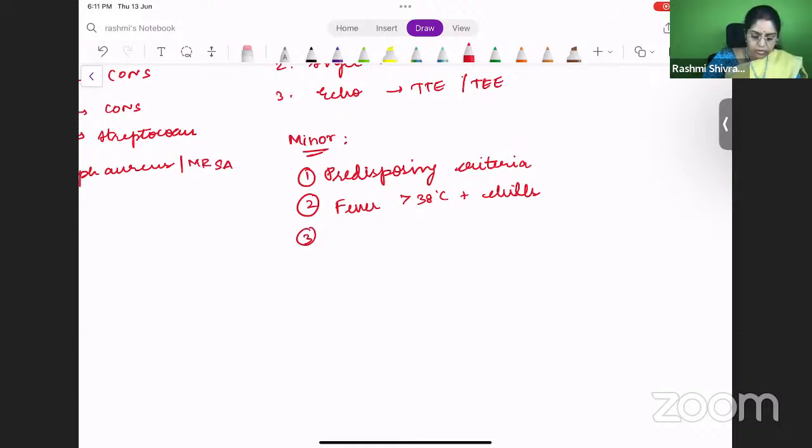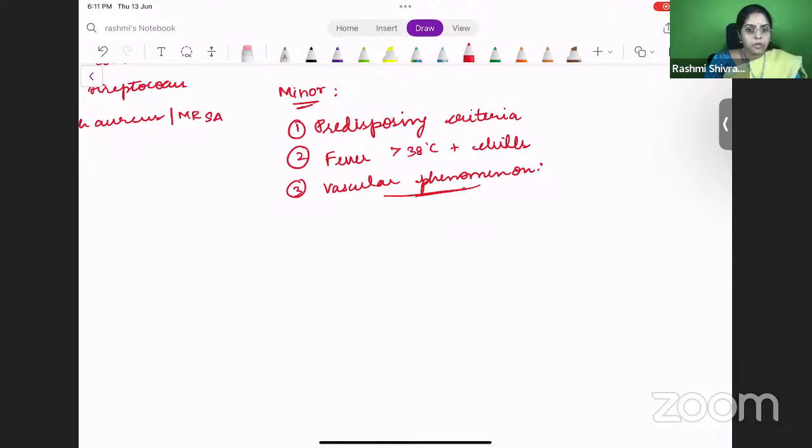Then you have something called the vascular phenomena and the immunologic phenomena. Often we get confused about what is the vascular phenomenon and what is the immunological phenomenon, so we need to remember this very clearly. For the vascular phenomena, infective endocarditis can embolize, so you can have arterial emboli.